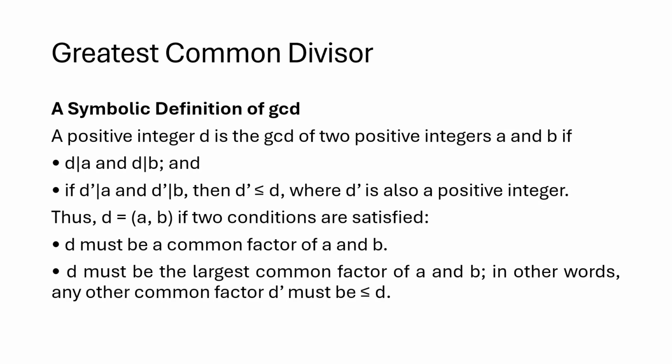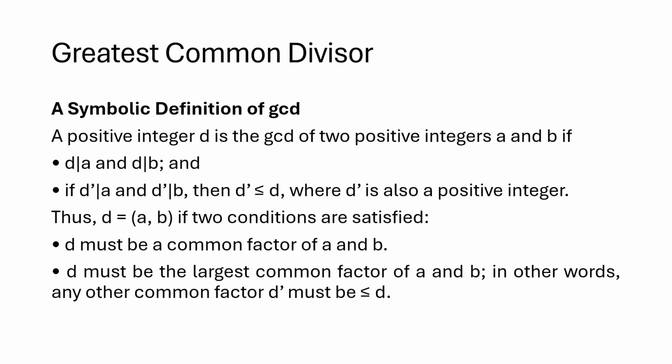So here is the symbolic definition of the GCD. A positive integer d is the GCD of two positive integers a and b if d divides a and d divides b, and if d' divides a and d' divides b, then d' is less than or equal to d, where d' is also a positive integer.